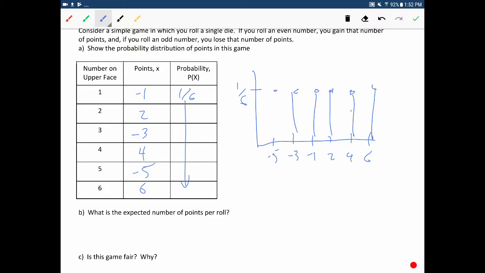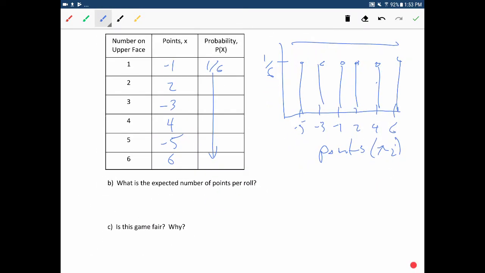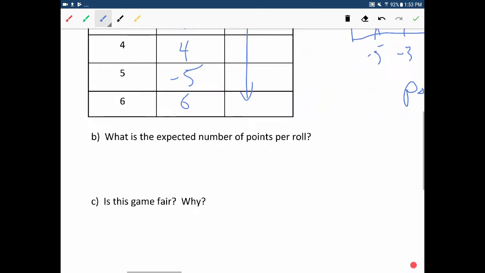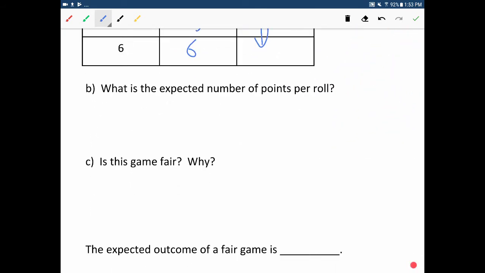They're all exactly the same likelihood, so it gives us this uniform shape, this straight line here. That's points. I won't ever make you graph a distribution, and this one's kind of boring and doesn't really tell you anything, but we will do ones where it tells you quite a bit.